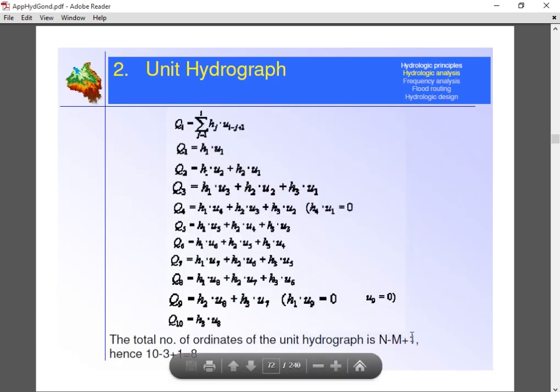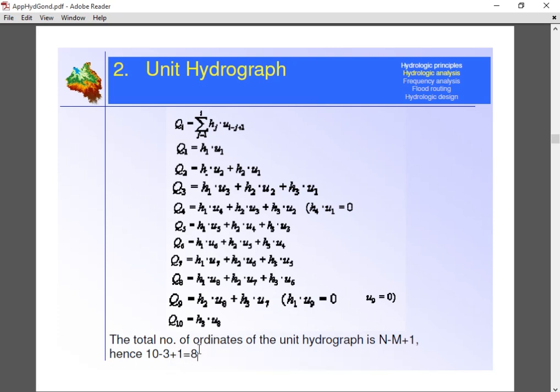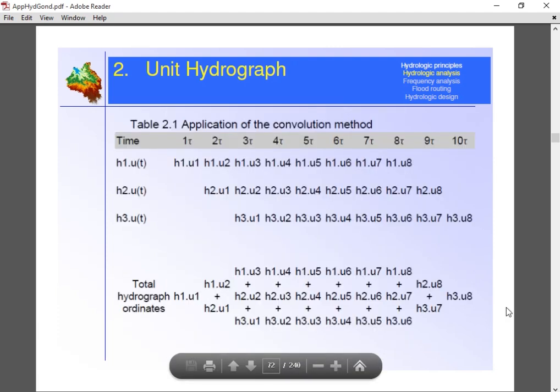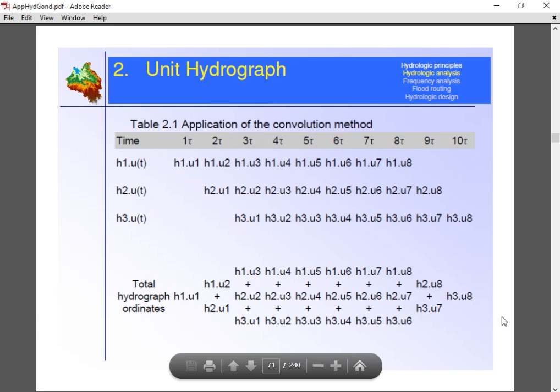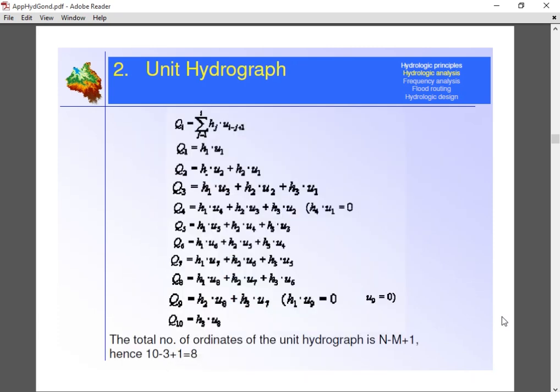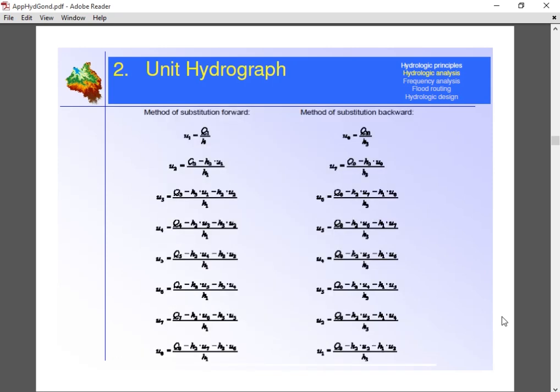So n minus m plus 1 gives the number of ordinates, that is 8. That means the unit hydrograph proceeds up to U8, as you can see from the previous one. In such a way, we can estimate the components of the total hydrograph.